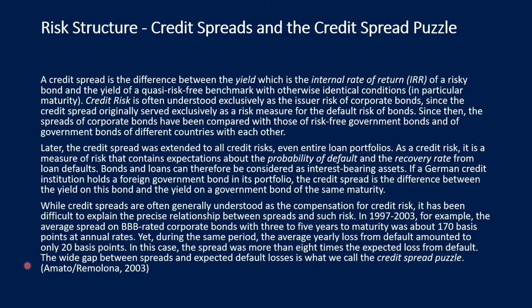So, a credit spread is the difference between the yield or the internal rate of return of a risky bond and the yield of a quasi-risk-free benchmark with otherwise identical conditions. Typically a governmental bond here.